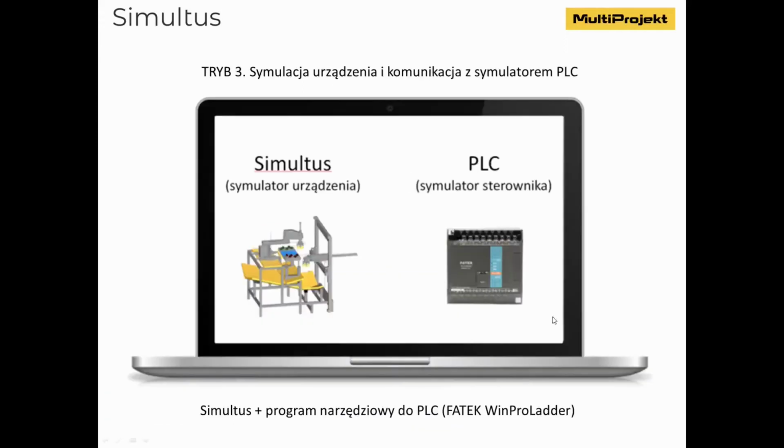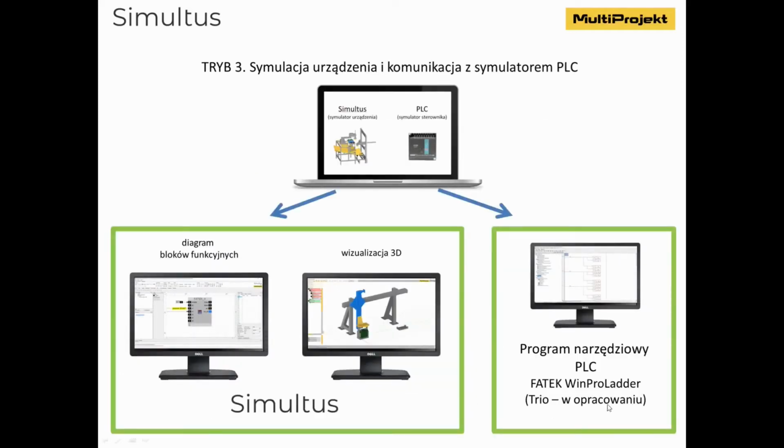To perform the simulation in the third mode, in addition to Simultus, we need a PLC programming software, such as Phatex WinPro Ladder. This arrangement resembles even more a real device, because the control program will be written in a program used for the PLCs. In this situation, it can be used in a real device, even without any modifications.